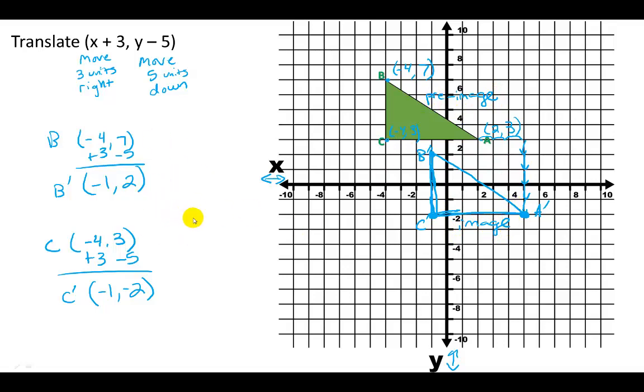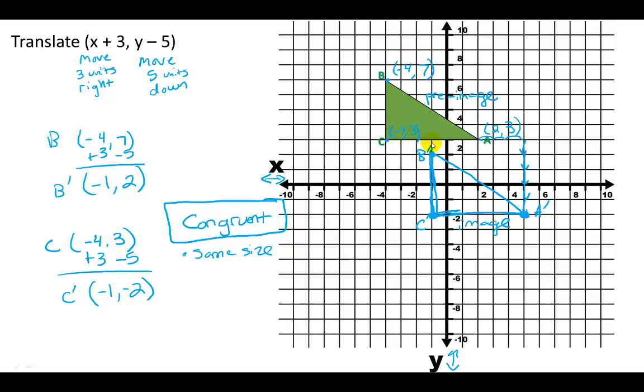Now you need to remember, we are working with translation, so our images, our shapes should be congruent, which means they need to be the same size, which we have 1, 2, 3, 4 spaces between B and C, 1, 2, 3, 4 between B prime and C prime.